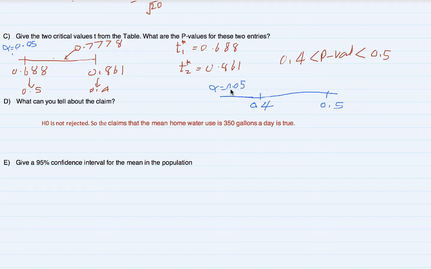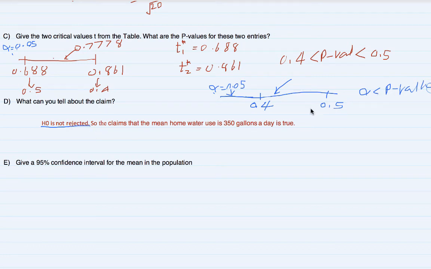The p-value of the test statistic should be in between these, which means alpha, 0.05, is less than 0.4. Therefore definitely you can say alpha is less than the p-value. Therefore we can say H naught is not rejected.